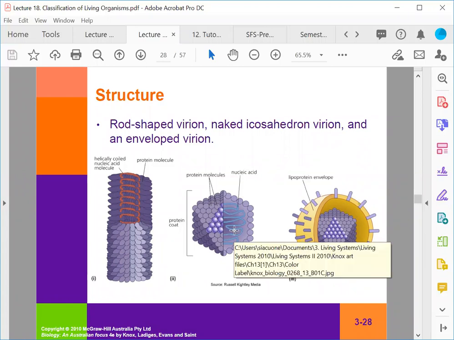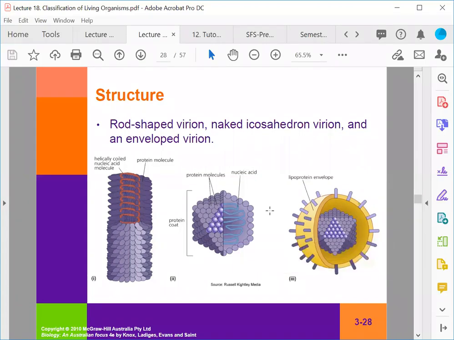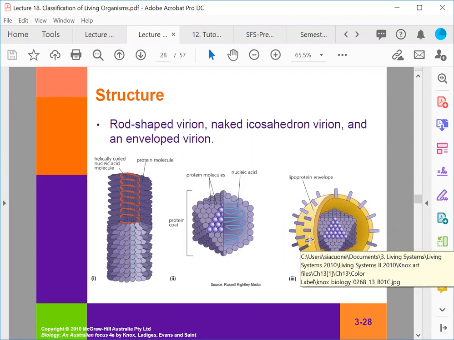And that might be, as I said, DNA or RNA. So that's referred to as a naked virion, because on the right here, we have the same sort of thing in the middle here, but this one is enclosed by a membrane. So this is called an enveloped virion, because that membrane is referred to as an envelope.